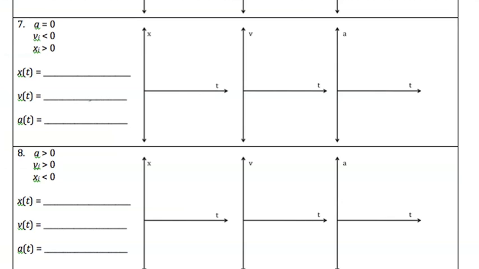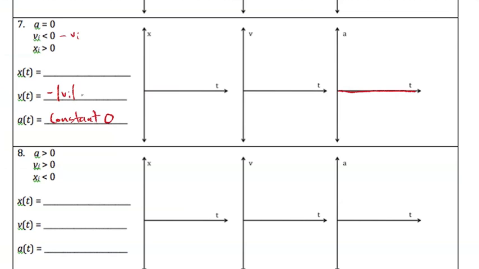Our acceleration, what is it? It's a constant 0, and that looks just like that. All right. Our velocity versus time. Our velocity is a function of time. So it's VI. Well, our VI is negative here, so I'm going to write it as a negative absolute value of VI.